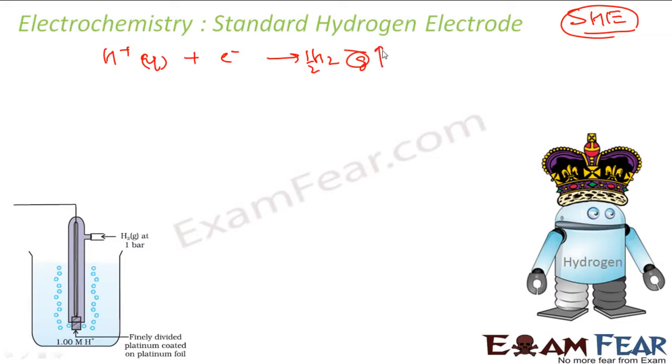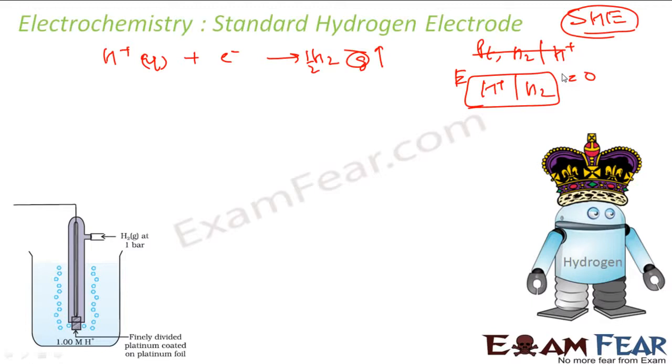It goes off. Okay, so for this my half cell will be platinum, H2 becomes H plus, or the reverse way. Let me put it this way: H plus becomes H2. For this my E will be 0.